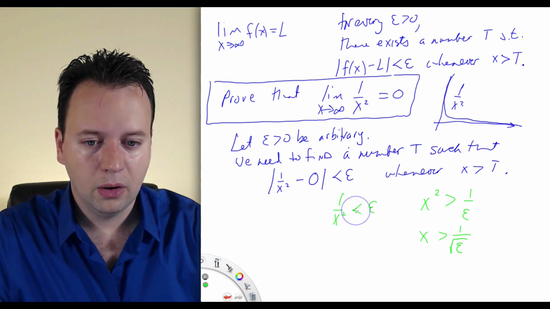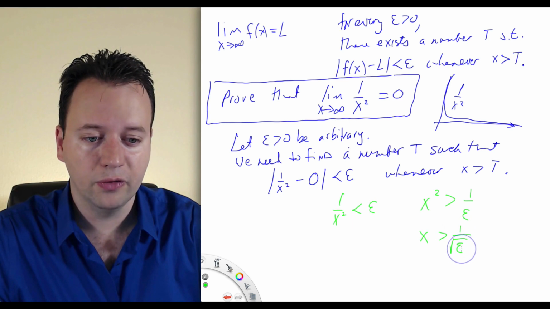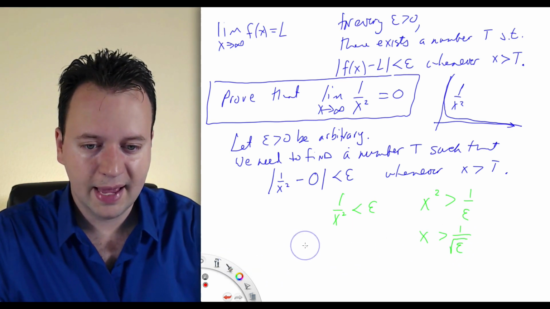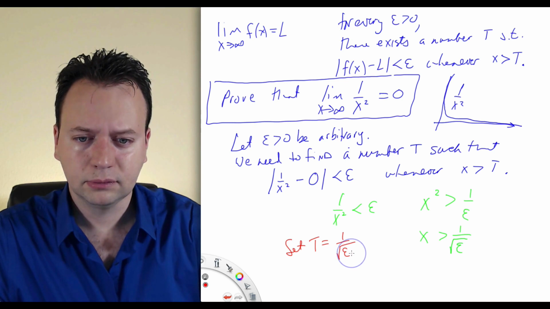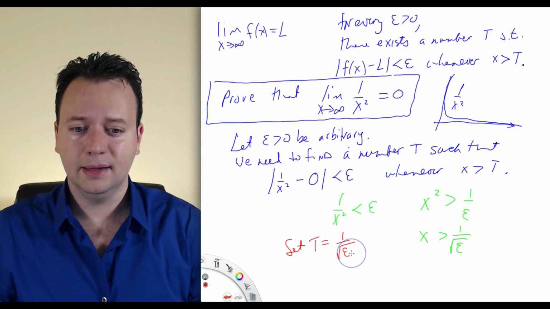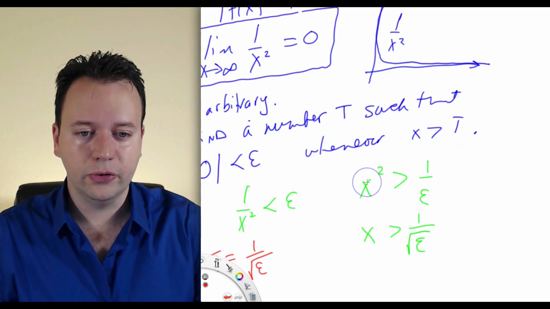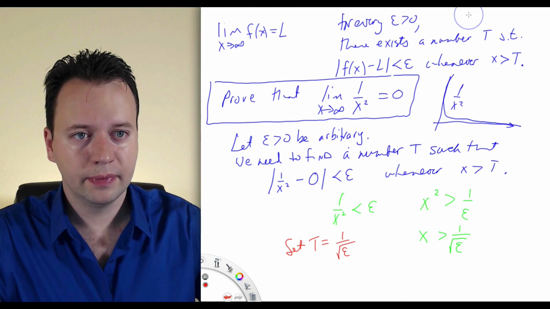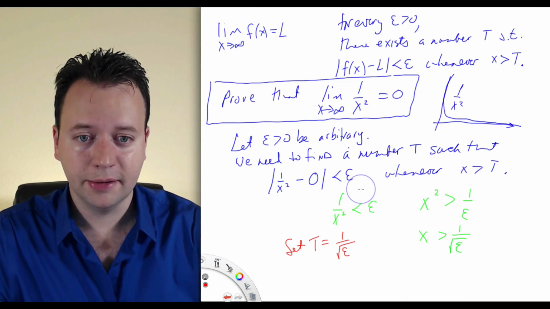So it's pretty clear in this case we should set t to equal 1 over the square root of epsilon. As long as t is equal to 1 over the square root of epsilon, it will be true that 1 over x squared will be less than epsilon.